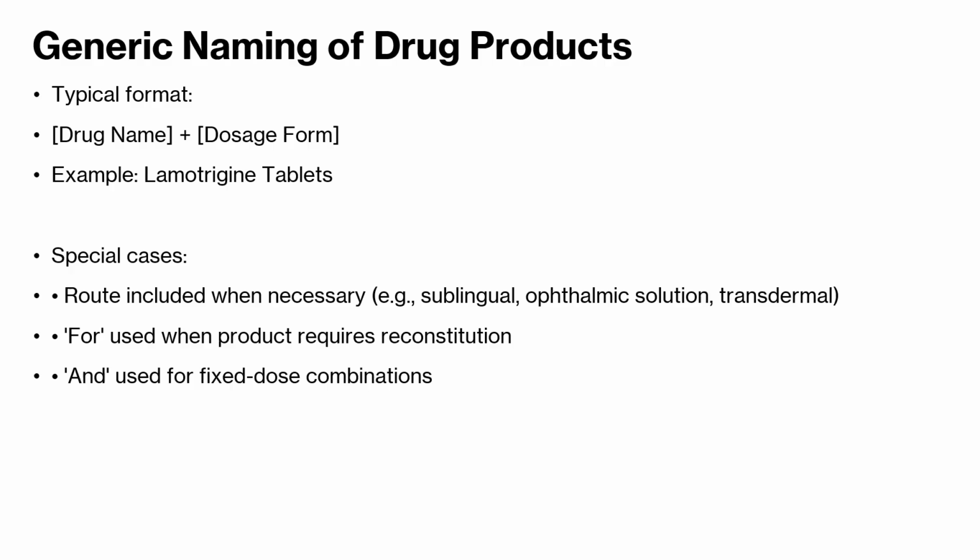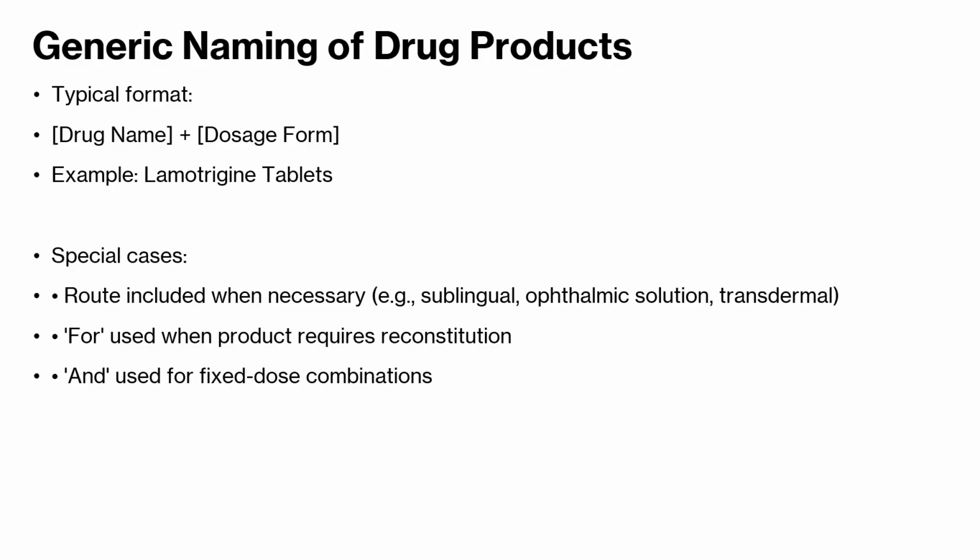When there is a fixed dose combination, the word "and" is added between the names of the two drug substances. For example, telmisartan and amlodipine tablet, telmisartan and hydrochlorothiazide tablet, where the two API names are separated with the word "and".